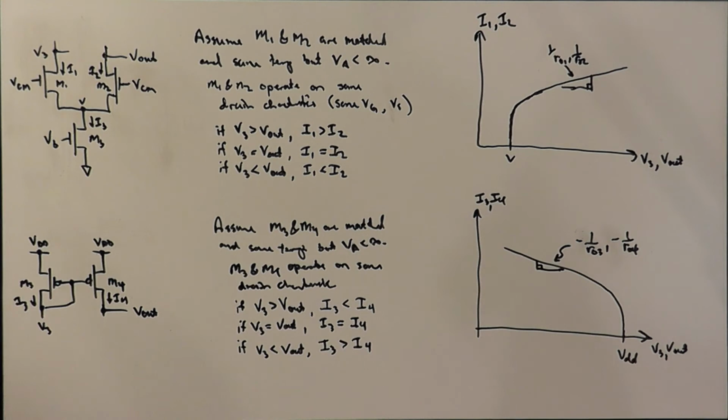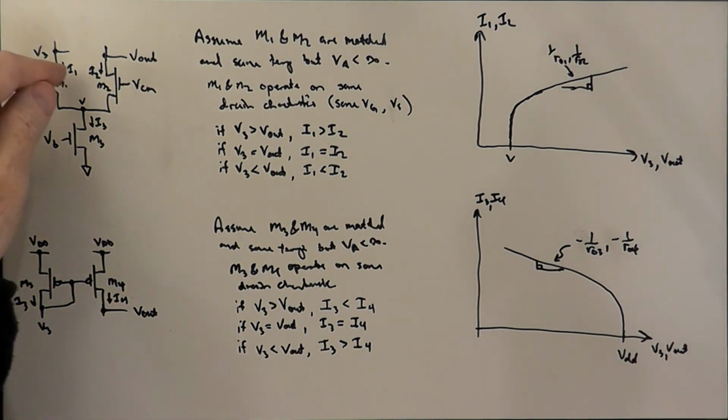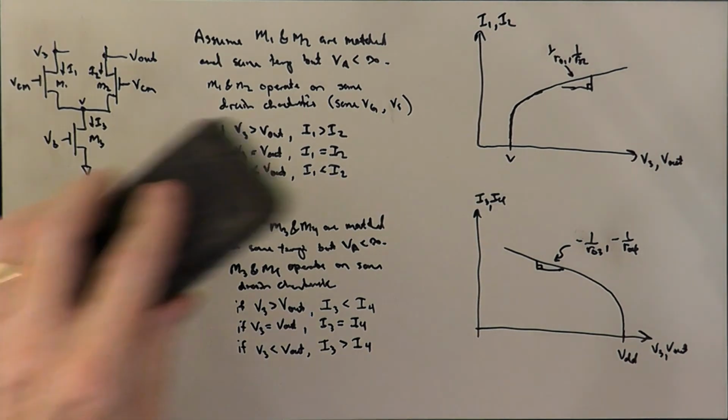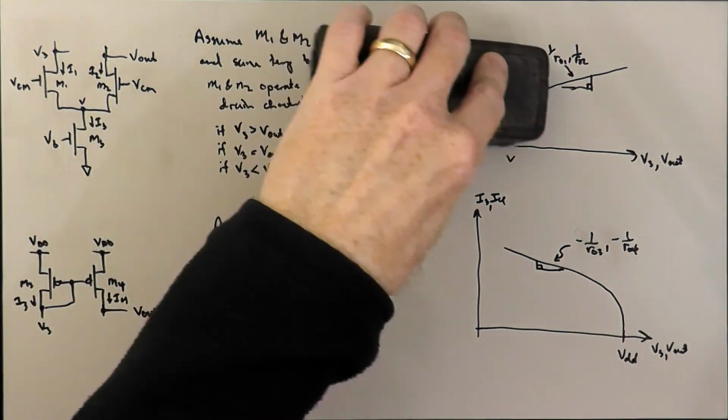And so we can combine these things. Right, so when we put these two circuits together and we think about the fact that there's no other place for current to go here at node V3, KCL implies that in the steady state, I1 has to equal I3.